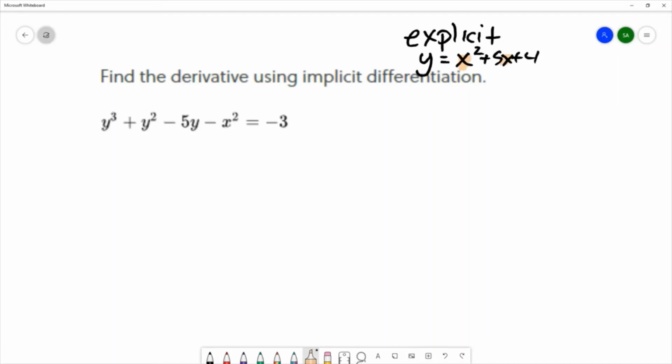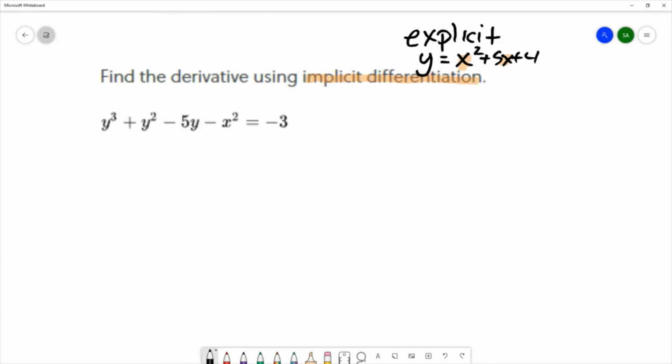So the equation that we're looking at is implicit because we don't have a variable written in terms of another variable. We don't have y equals something with x or x equals something with y. So we're going to use this process of implicit differentiation since our equation is written in that implicit format.